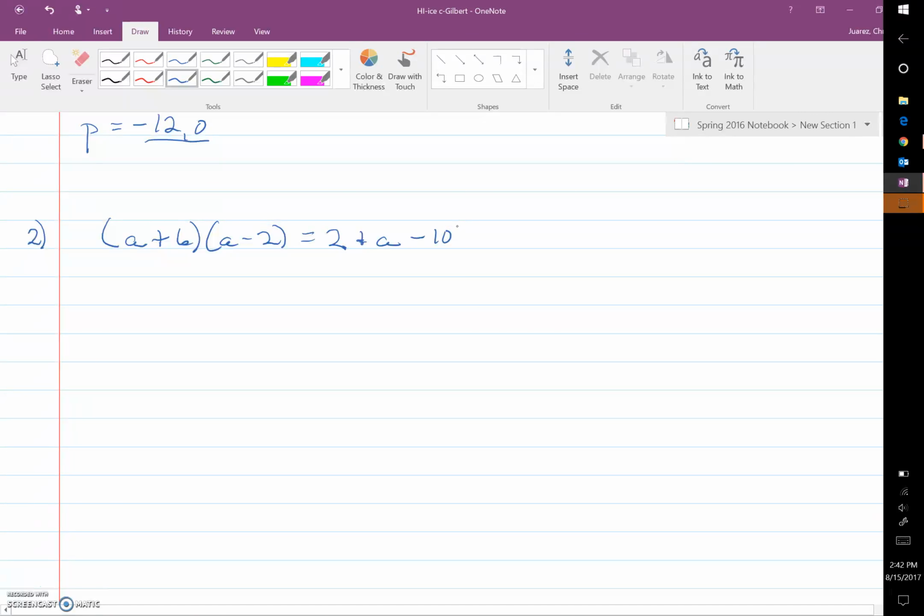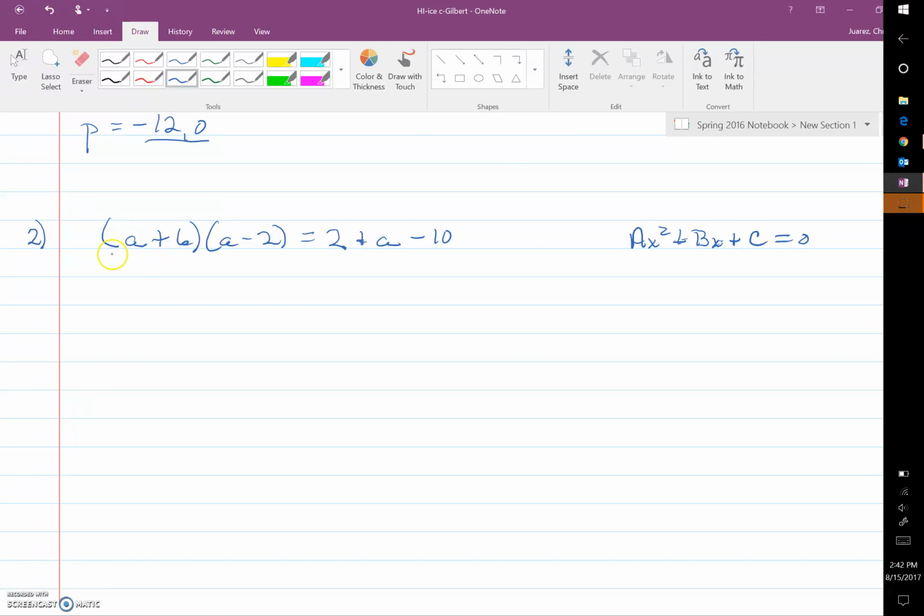Well, this does not look anything like ax squared plus bx plus c equals 0. So I have a lot of work to do before I can get it into standard form.